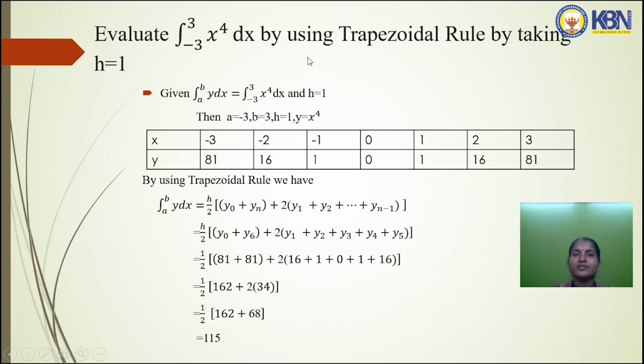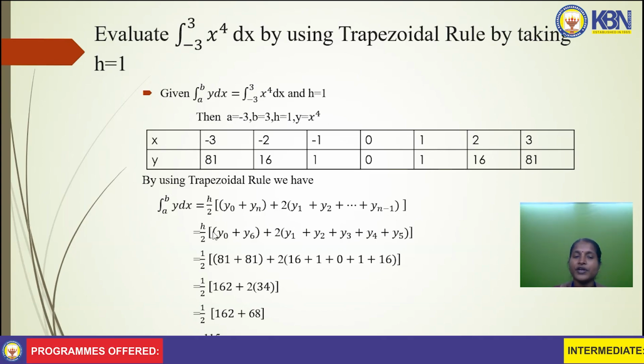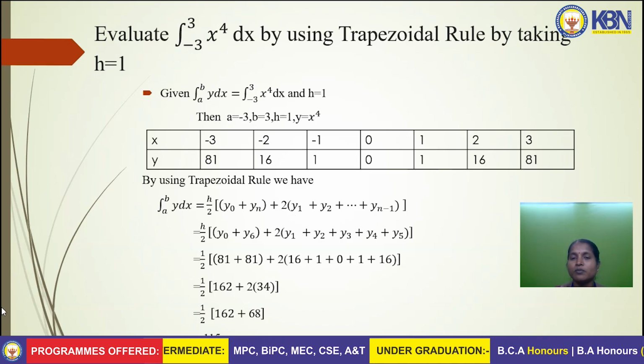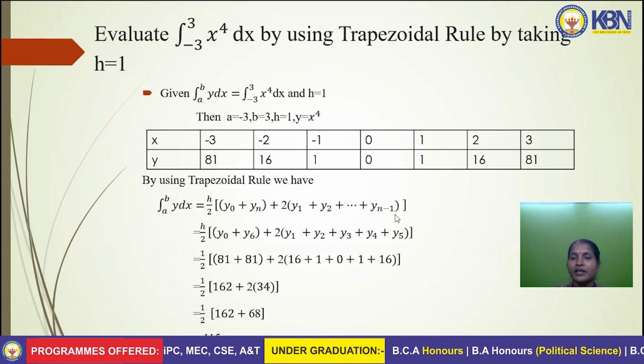So which method are we using? Trapezoidal rule. By using the trapezoidal rule, we have the integral of a to b y dx. The formula is h by 2 into y0 plus yn plus 2 into y1 plus y2 and so on up to yn minus 1.